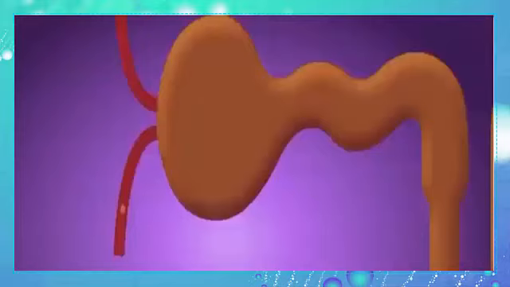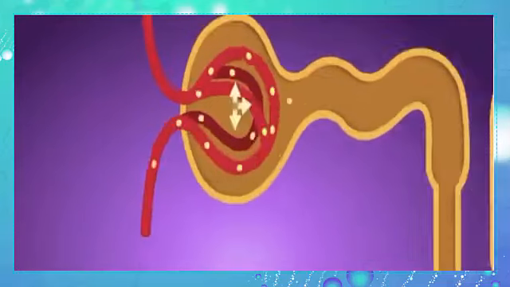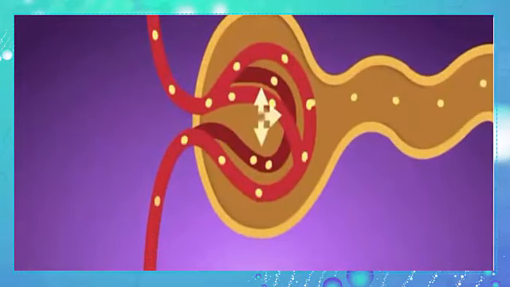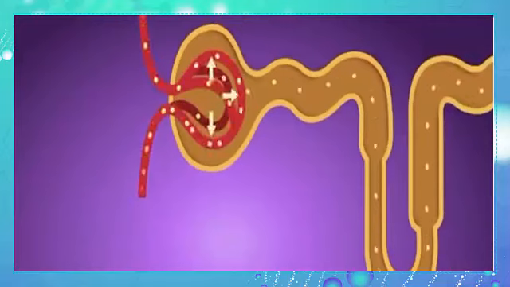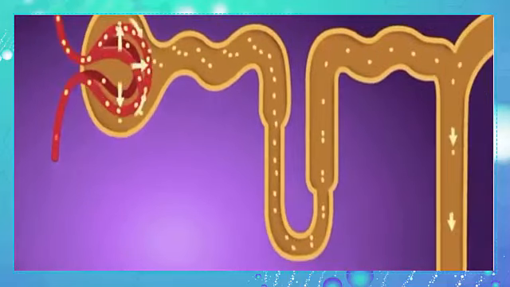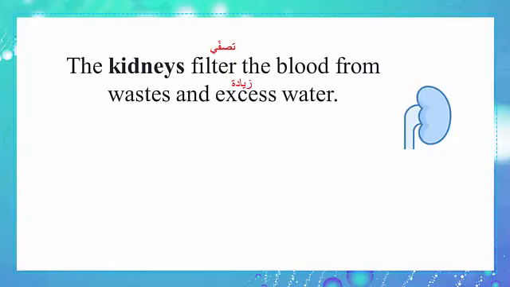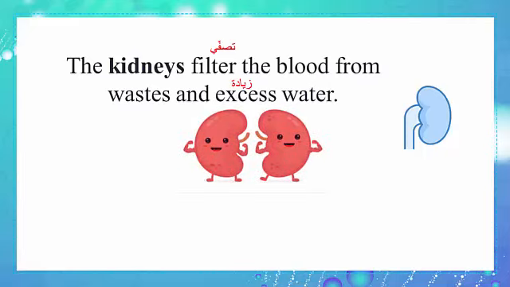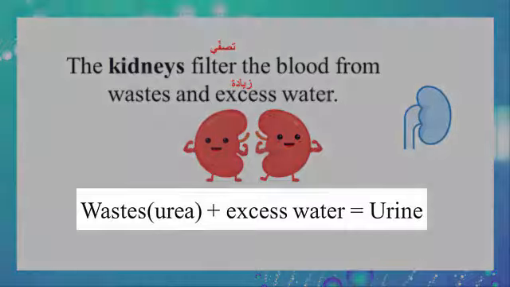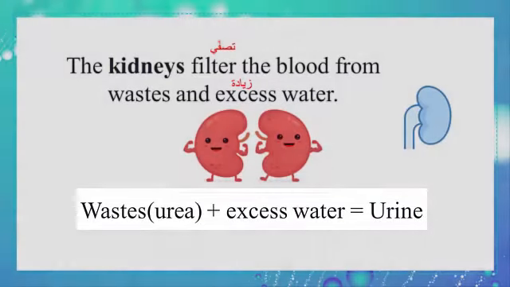So the main function of our kidneys is to filter the blood from wastes and excess water. These wastes, which are called the urea, together with excess water form the urine.